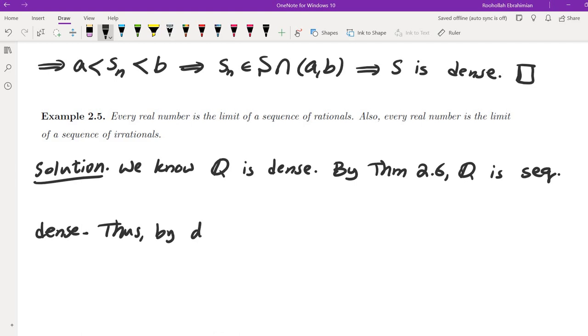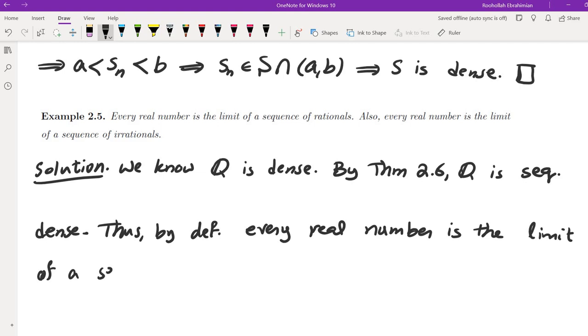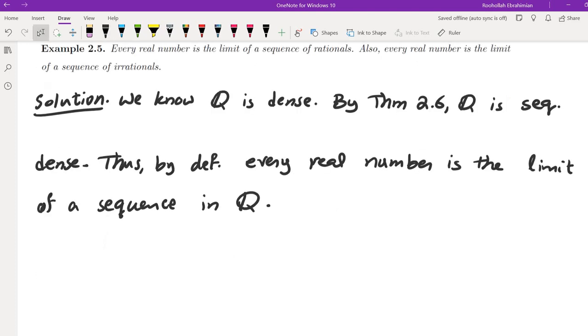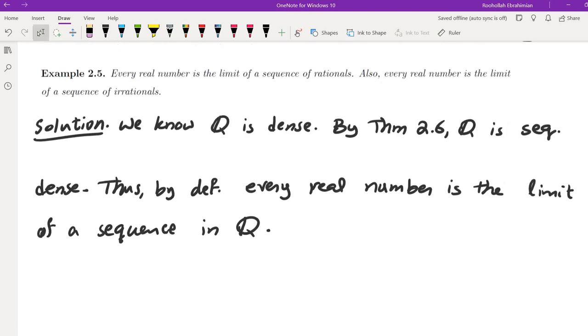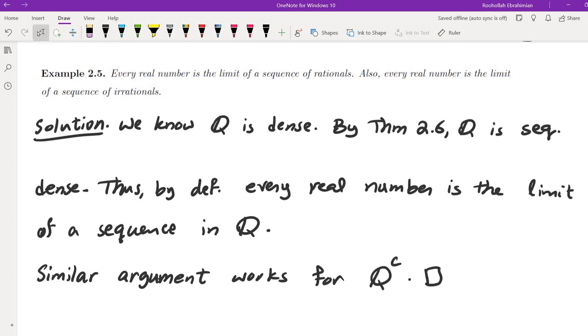Thus, by definition, every real number is the limit of a sequence in Q. And that's the end of the story for the first part. And then similar for Q complement. A similar argument works for the set of irrationals, or in fact for any dense subset of R.